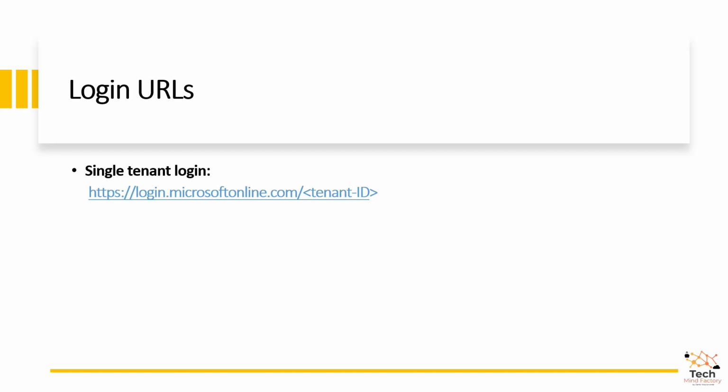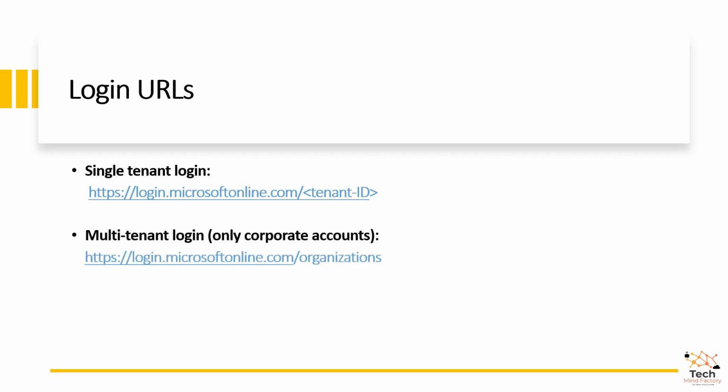Right? So in this case, when user is redirected to authorize endpoint, basically to complete authentication on Entra side, we underneath use this login.microsoftonline.com/tenant ID URL. And it's simple, but when it comes to multi-tenant applications with only corporate account support, it's different.